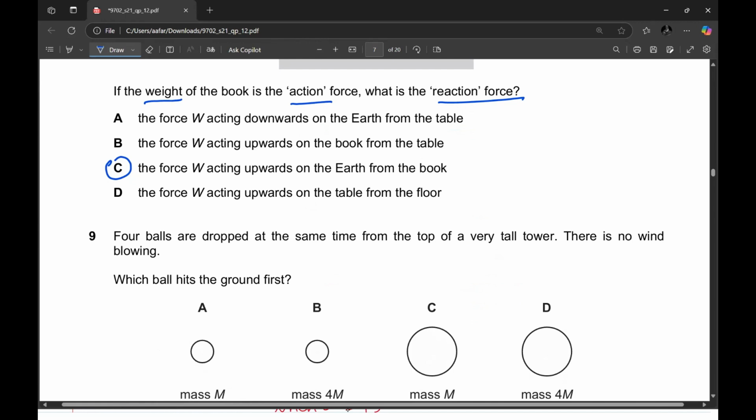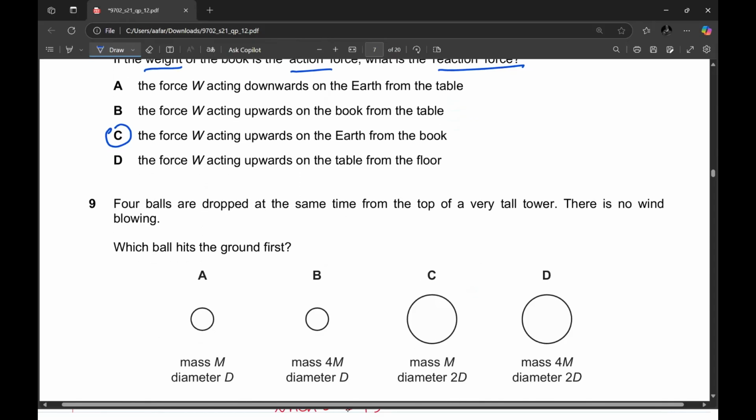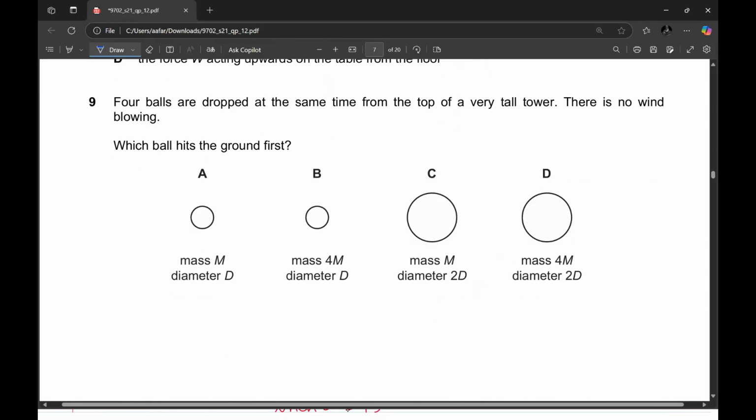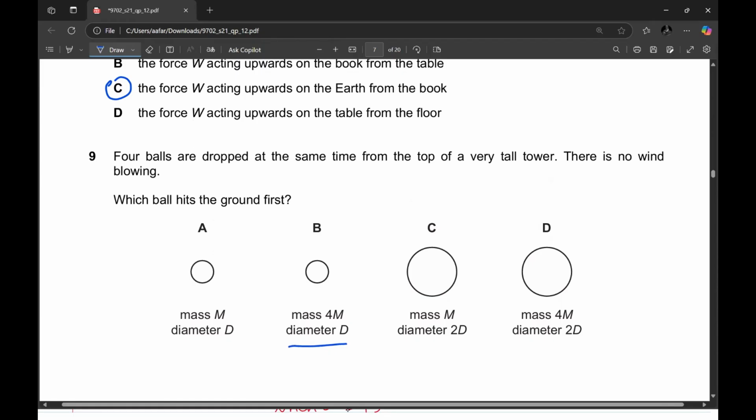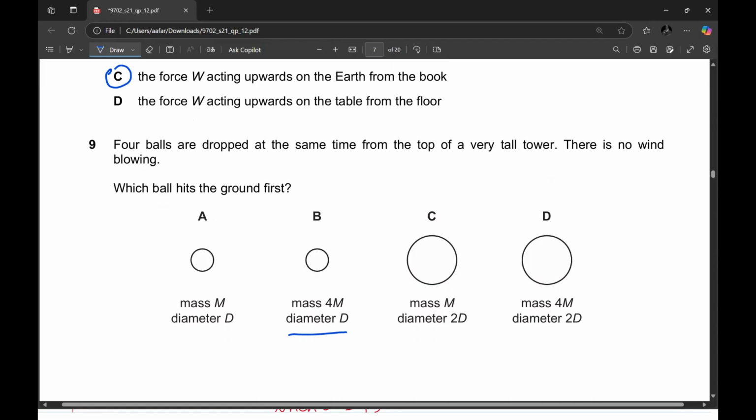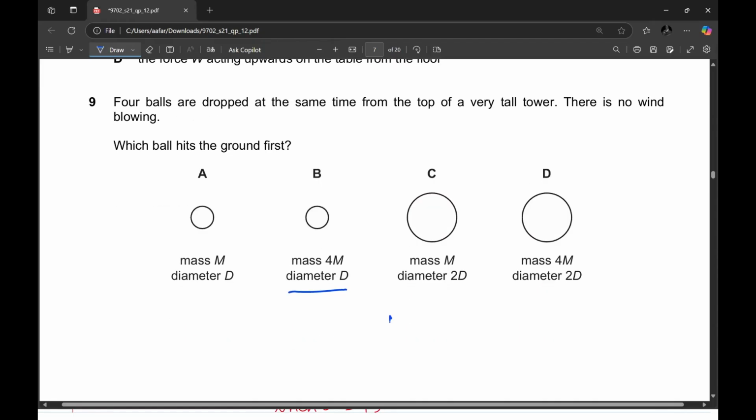Four balls are dropped at the same time from the top of a very tall tower. There is no wind blowing. Which ball hits the ground first? Okay, so it has more mass and has more weight. Since W = mg, the one which has more mass will have more weight.